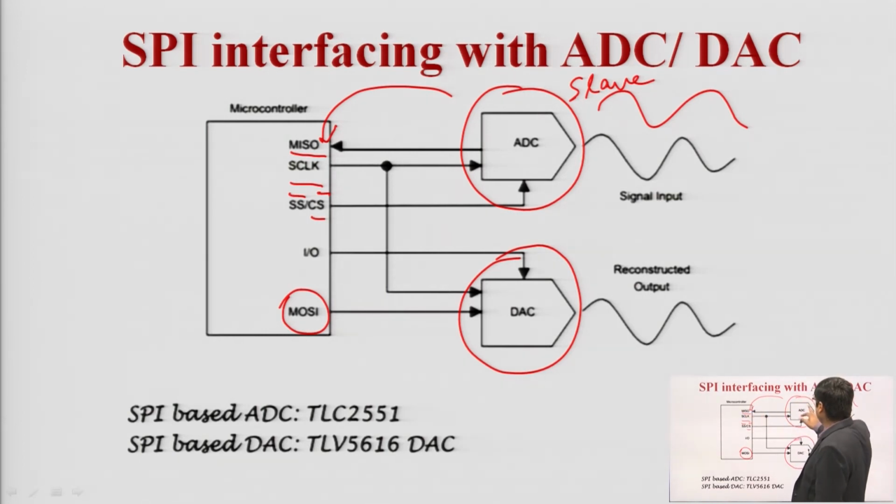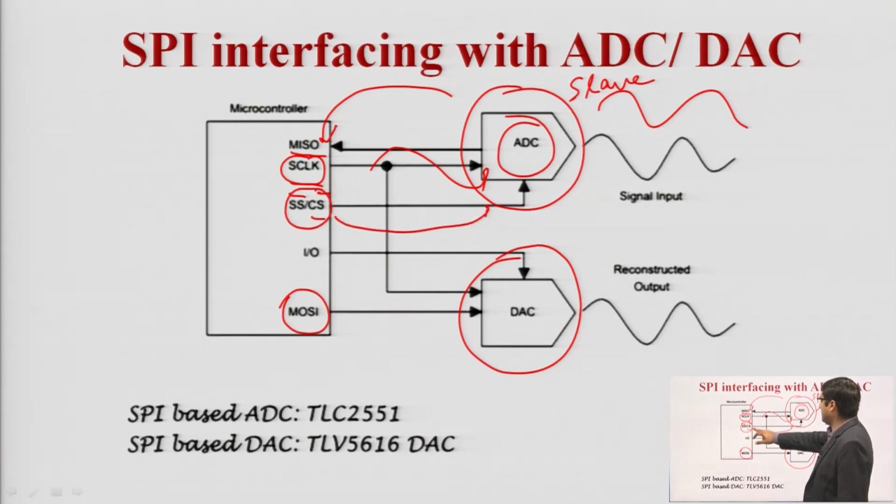So analog to digital conversion takes place through the slave device. To trigger the ADC device, we need the system clock. How do we activate the ADC pin? This pin is activated by the chip select signal. We need an active low chip select signal to enable the ADC.